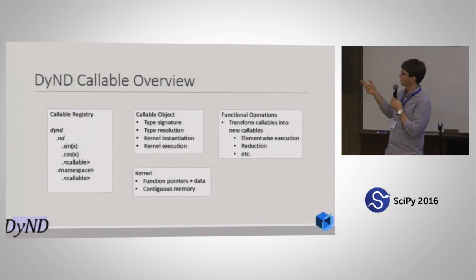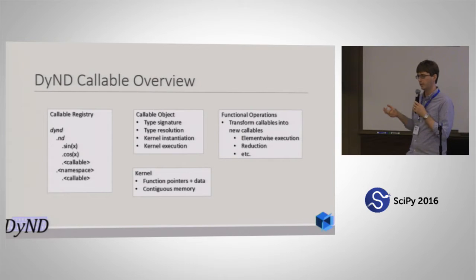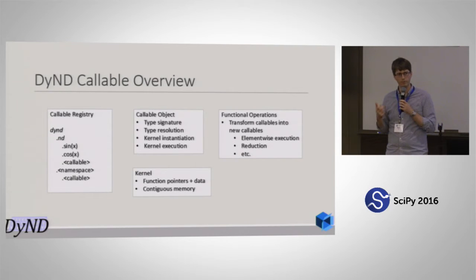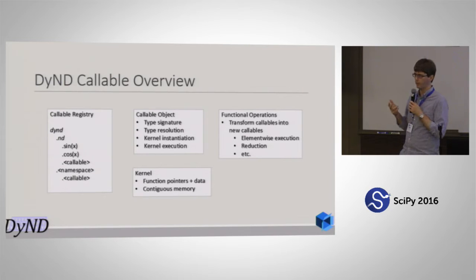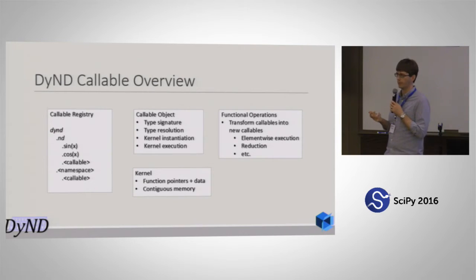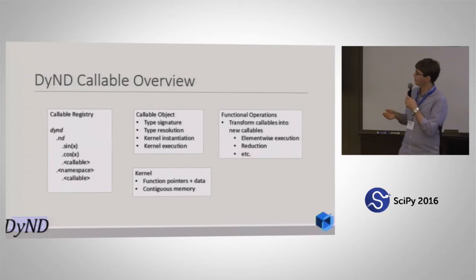The callable object represents a single function that you can call. It's got a bunch of pieces inside of it that hold the information about it: it takes the input types and figures out what code to actually run on those particular input types. And then to execute the functions, we instantiate that down to a lower level representation called kernels.